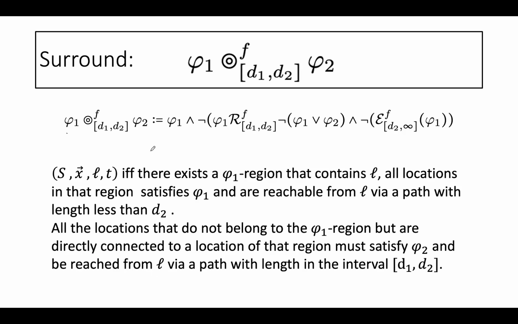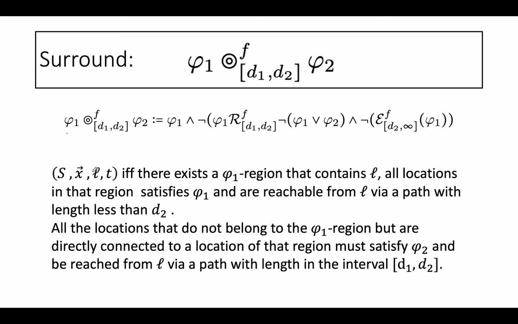And finally, we see the surround operator. So phi1 surround phi2 at the distance d1 and d2, considering the distance function f, expresses the topological notion of being surrounded by a phi2 region while being in a phi1 region, with some additional metric constraint that we now see in more detail. The idea is that you have a phi1 region that is surrounded by a phi2 region.